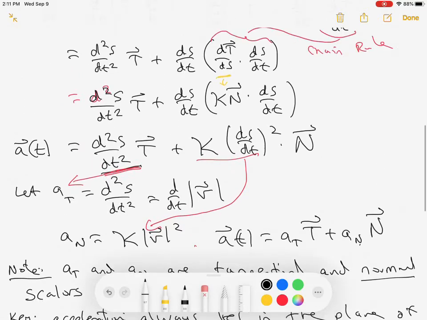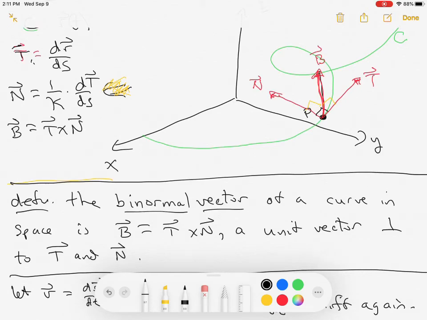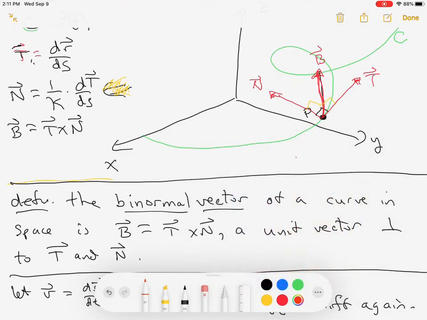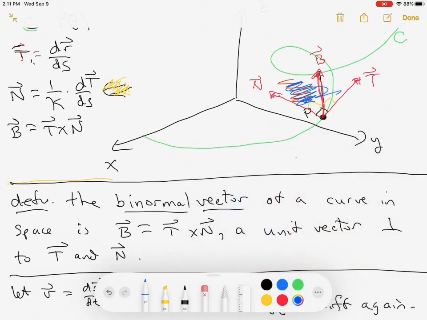Okay, so if I scroll back up to this original picture, I'll use this cool color. If I think of T and N, T and N lie on a plane. And this plane, I'll put it in blue, lies along there.